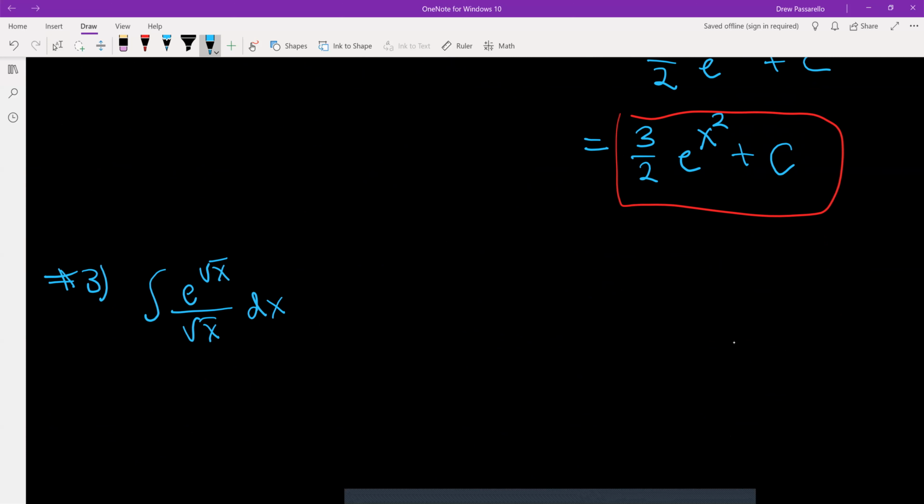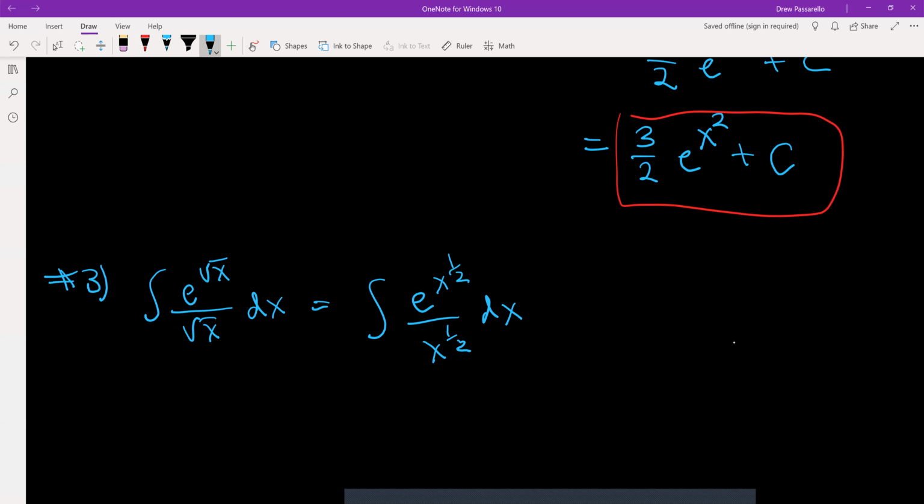So the pattern is we always let u be whatever the exponent portion is of e to the x squared, or x to the square root of x. And we know the square root of x is x to the 1/2. So I'm going to first write it as e to the x to the 1/2, and then I have divided by x to the 1/2, and then dx.